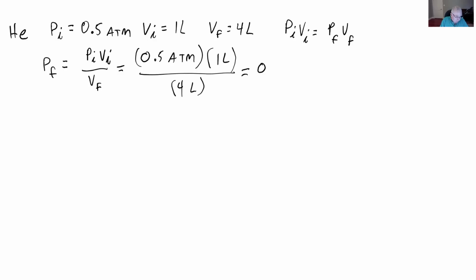So I'm going to get 0.125 atmospheres for my partial pressure of helium. So this is what I might label the helium at the end, okay?